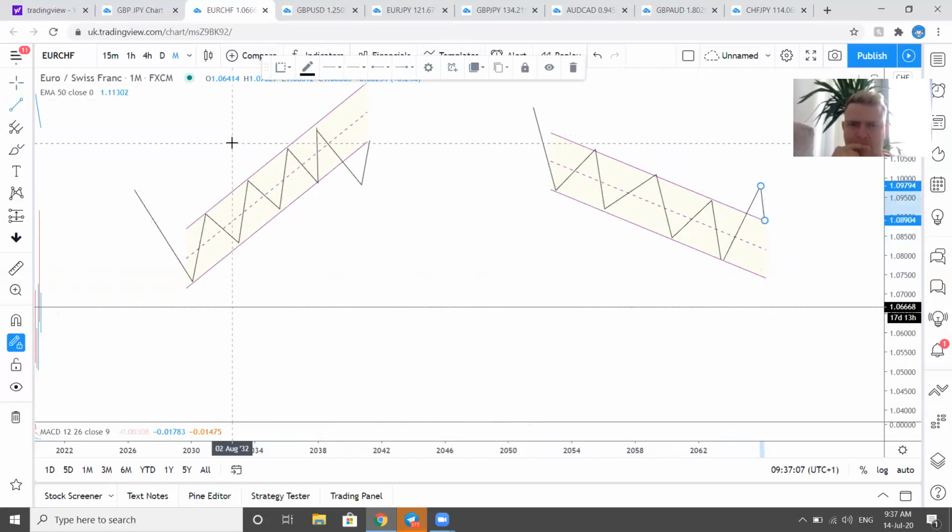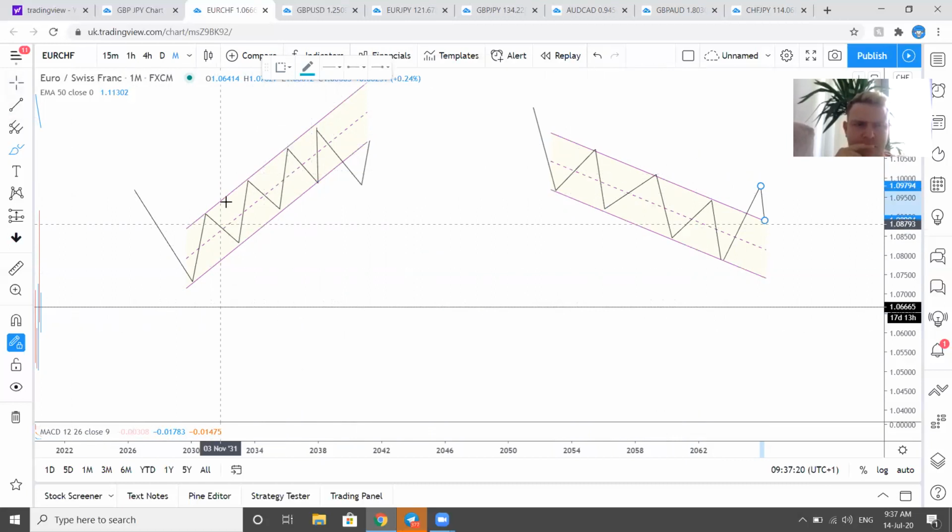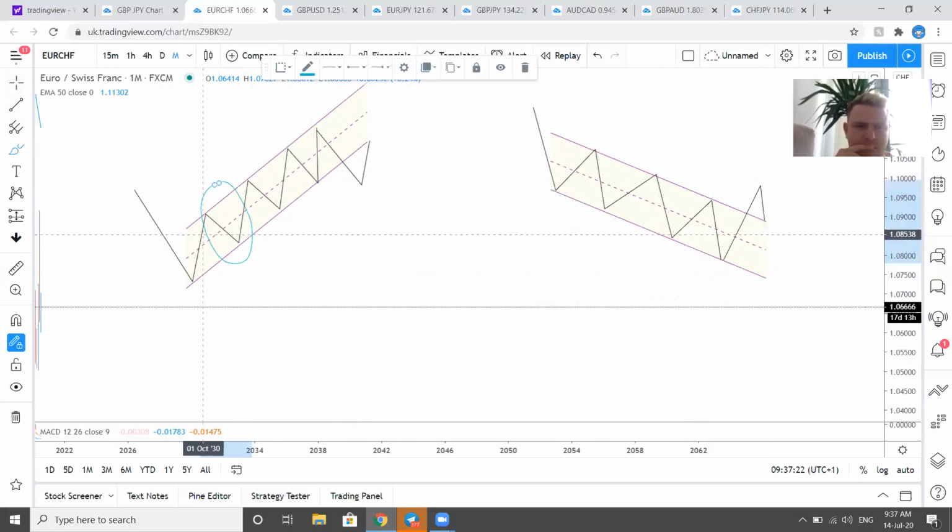So to be able to find targets, what we need to understand is just the first wave into the channel and the retrace. What is going to find us our targets is the depth of the channel.